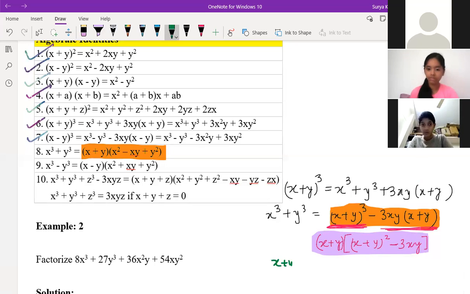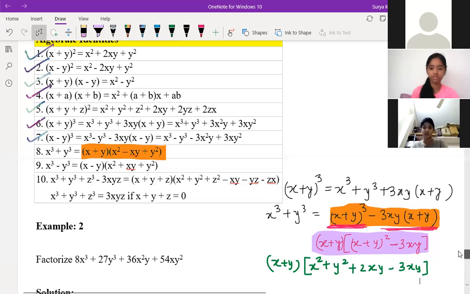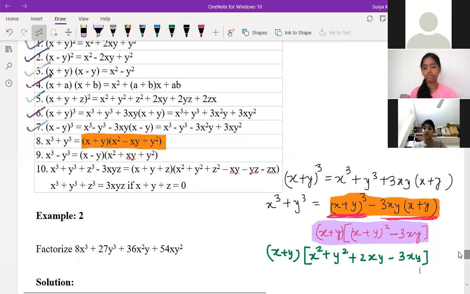In the bracket, what can you write, Sai Charan? x plus y whole square. So what do you get? Yeah, sir, we are getting the same answer, sir. It is x square plus y square plus 2xy minus 3xy, sir. Yeah, now you'll get the same. 2xy minus 3xy minus xy, and the remaining are x square plus y square.